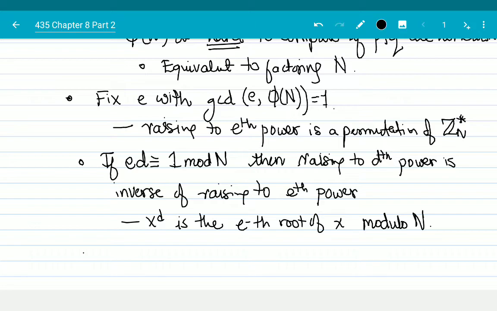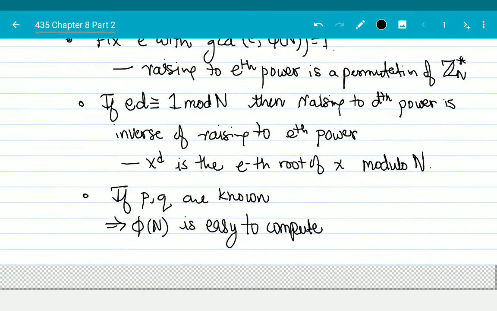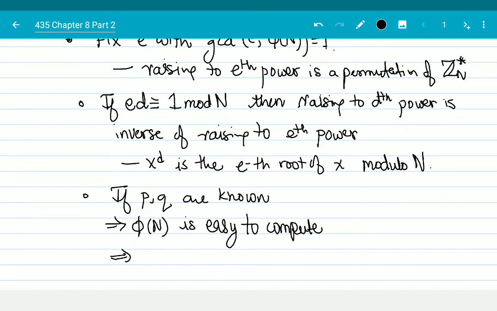So if p and q are known, phi n is easy to compute, which means that given an e, d is equal to e to the negative 1 mod phi n can be computed.